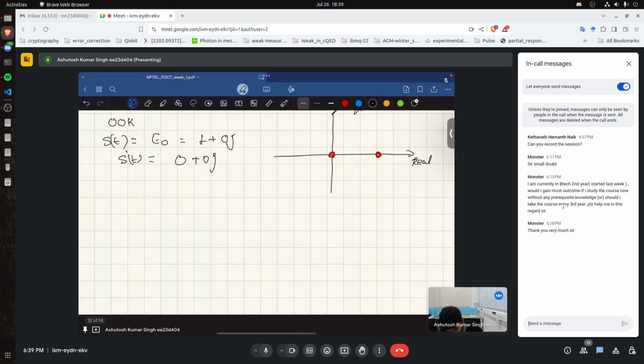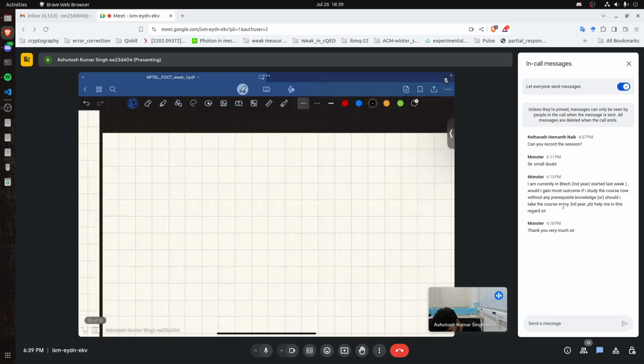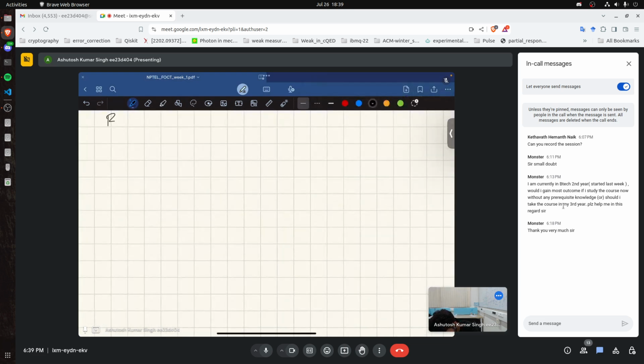Now similarly, the second kind of scheme she talks about is BPSK, which is binary phase shift keying. So instead of varying the amplitude, in this case you vary the phase.